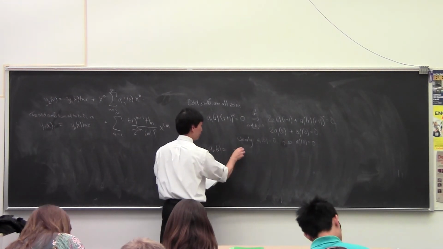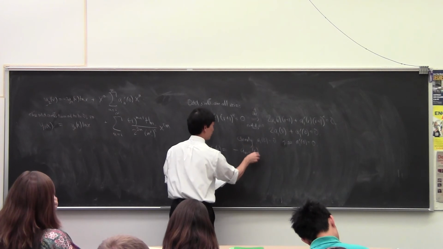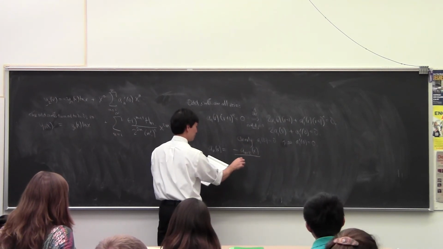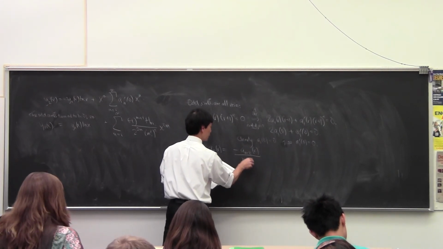Okay. Now let's use the recurrence relation again. a_n(r) we remember is negative a_{n-2}(r) over (n plus r) squared.